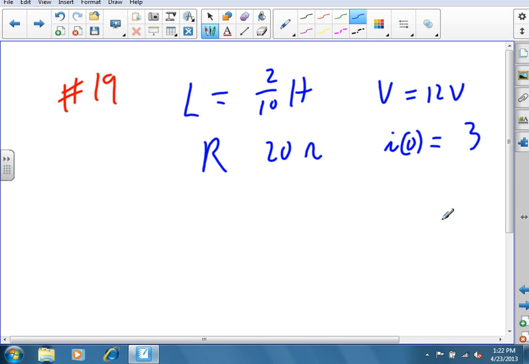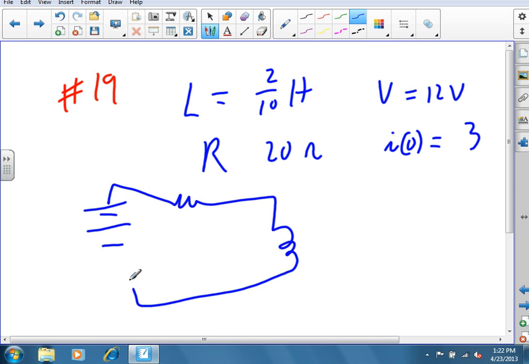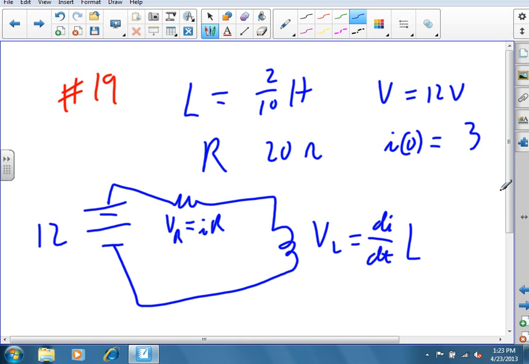Okay, so that's what we have. And so we have a battery, resistor, and an inductor. The voltage across the resistor is IR. The voltage across the inductor is L di/dt.